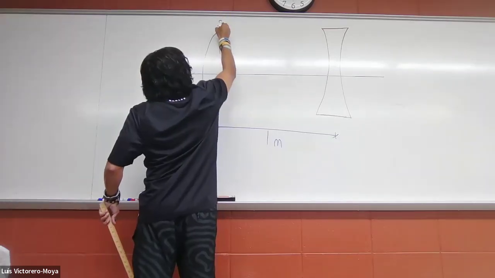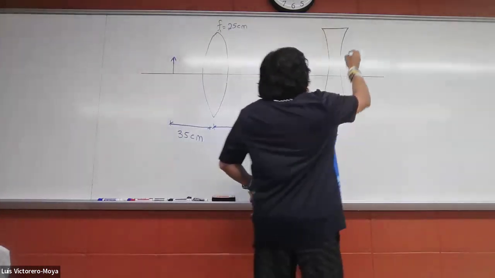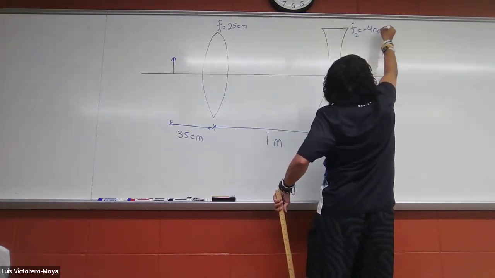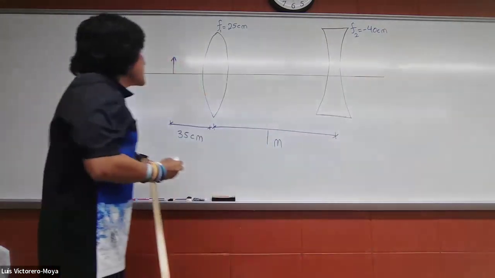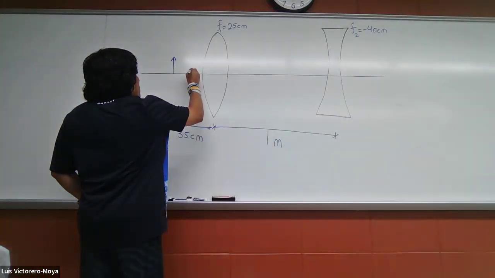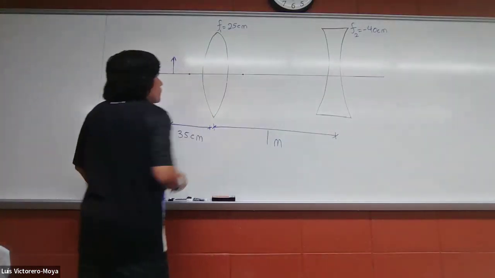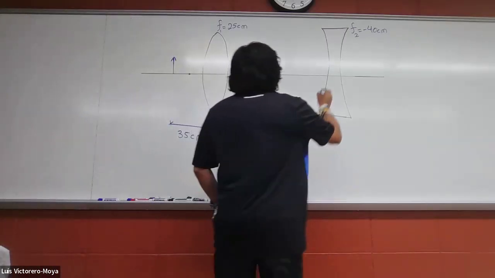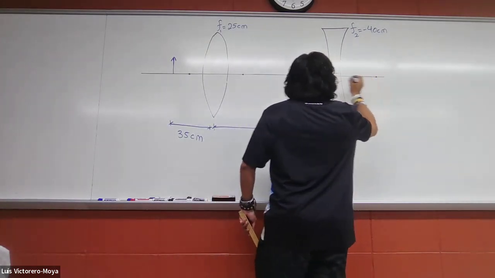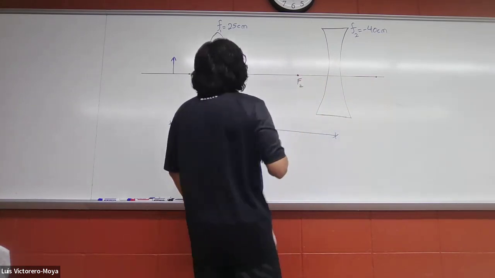So let's call it F1 is 25. And of the concave, its focal length is -40. So 25 from here. Yeah, right? Yep. And then 40 here. Estimating that right now, F2, F1.